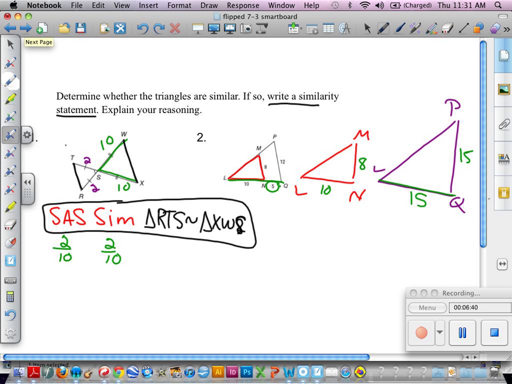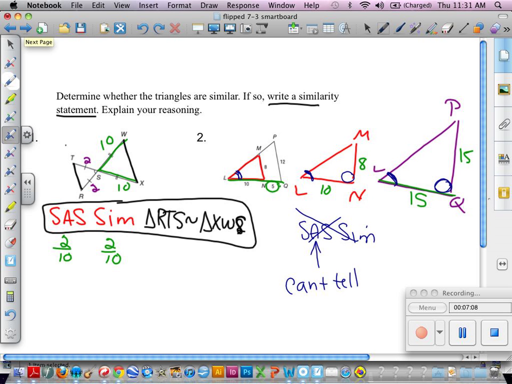There's not enough information, you're thinking. But remember, they both have this angle, don't they? They both have this angle. Still not good enough. If you were thinking this is going to be side angle side similarity, it has to be the angle in between, the included angle. This would be the included angle, the angle in between the 2 sides.